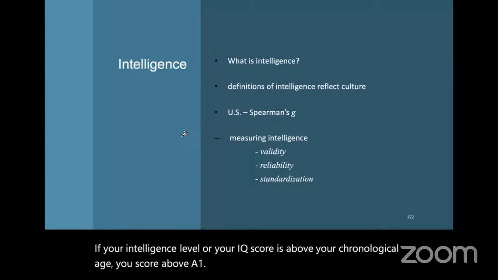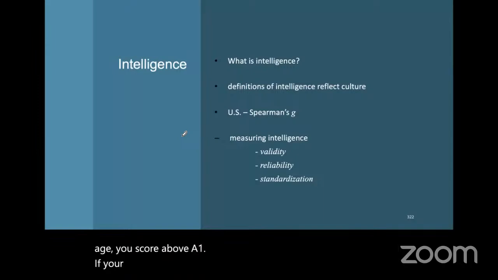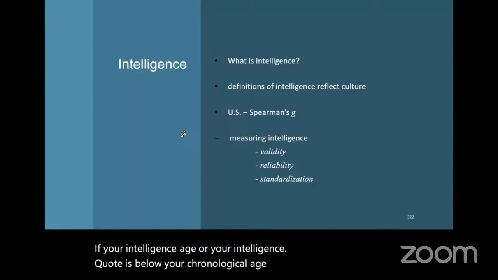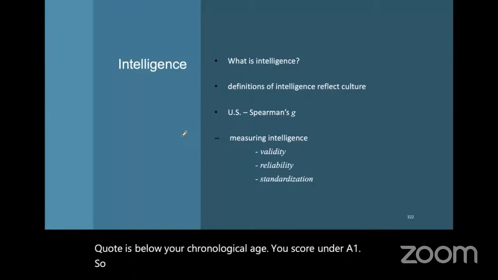If it is below your chronological age, you score under a 1. That's how an intelligence score works.